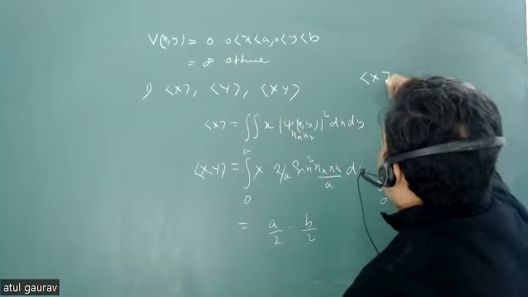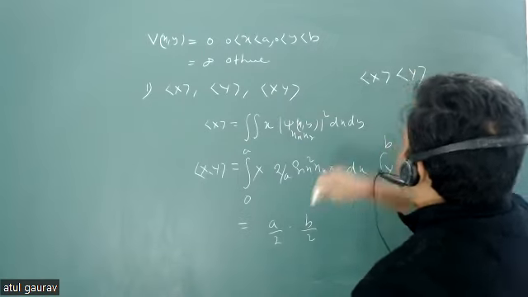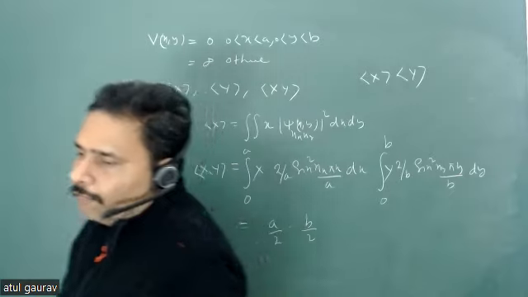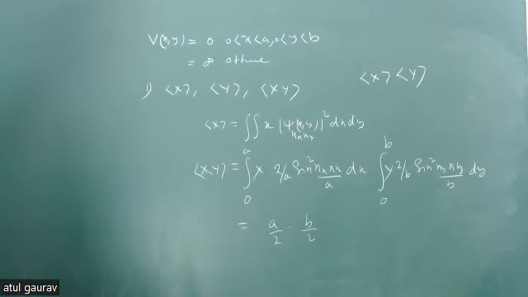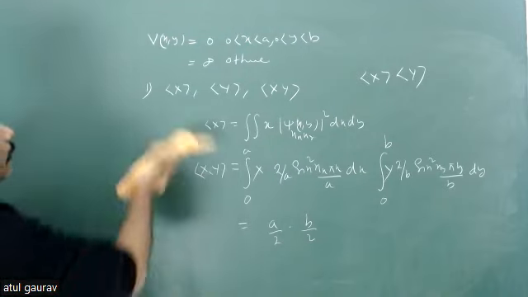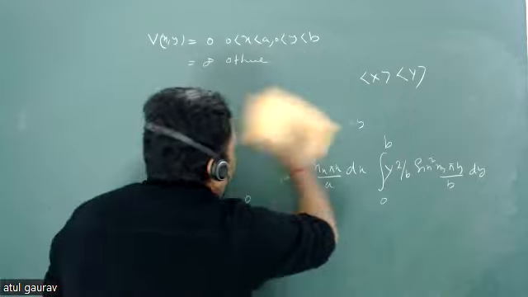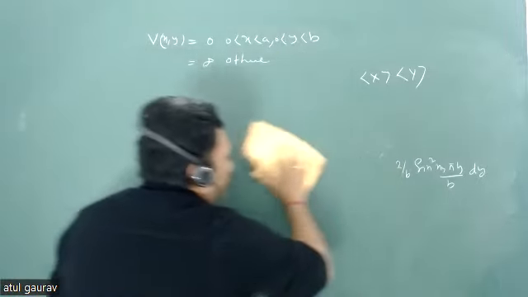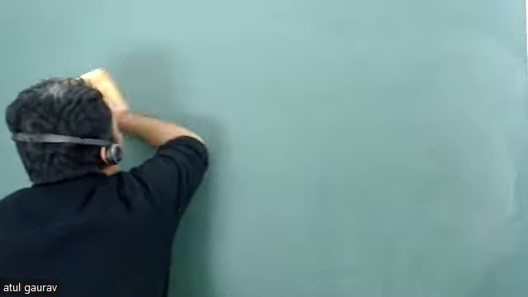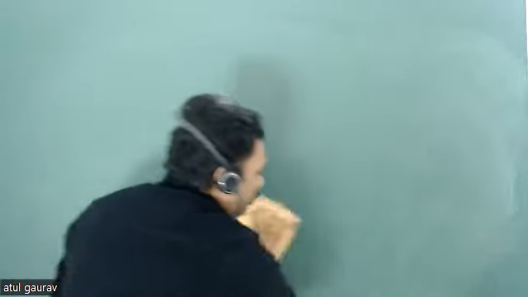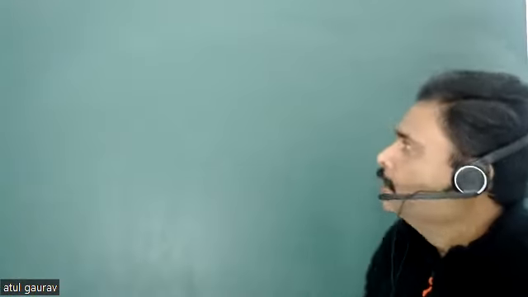You can independently calculate the expectation value of x and expectation value of y. Isn't it? Okay. So the last one is ab by 4. So now आप देख रहे हो कि किस तरह से वन डायमेंशन का यूज आप बहुत ही इजिली कर पा रहे हो. जो भी आपके वन डायमेंशन आपके प्रॉपर्टीज हैं उसके यूज कर पा रहे हैं, है ना?